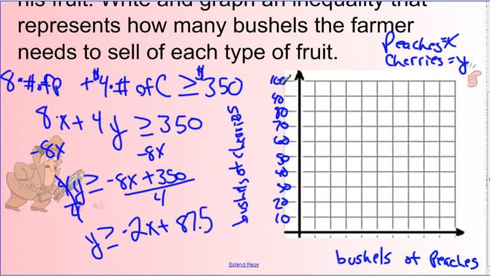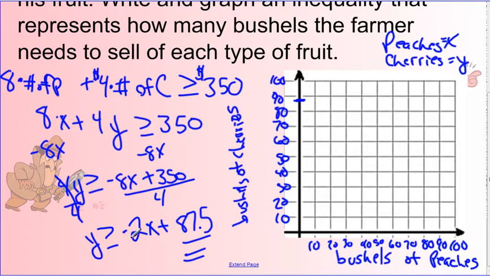And then bushels of peaches would be the same scale, 10 up to 100. So the y-intercept is 87.5, which is right here. That's my y-intercept.